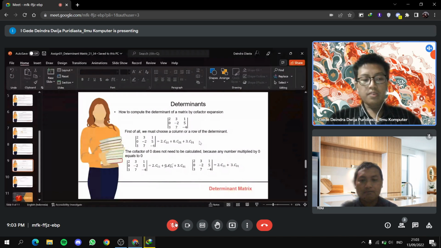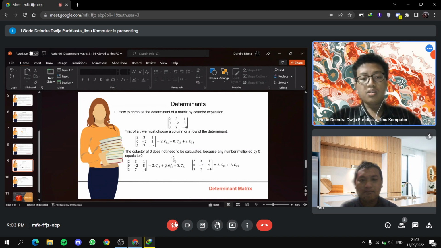So we have to multiply the elements of the first column by their respective cofactors. The determinant equals 2 times C11 plus 0 times C21 plus 3 times C31.